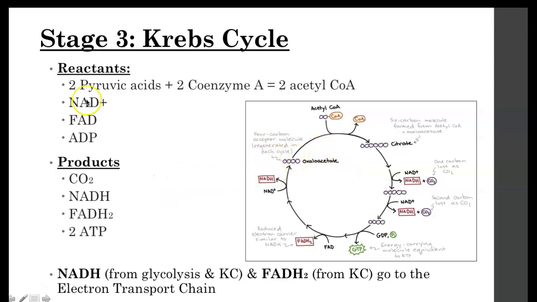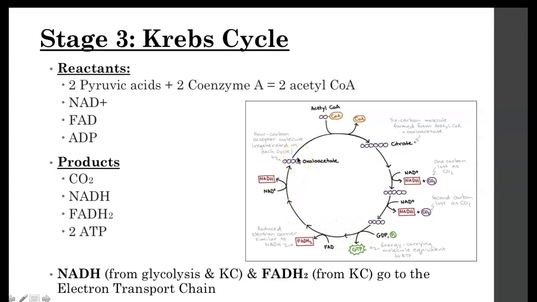It's going to get it running. Also, we have NAD+, FAD, and ADP. So these are going to be our reactants. Acetyl-CoA is going to initiate this process, and now I'm going to talk about the diagram. As acetyl-CoA is being broken down through the Krebs cycle, you can see that this molecule, if you follow it, is changing throughout the cycle.